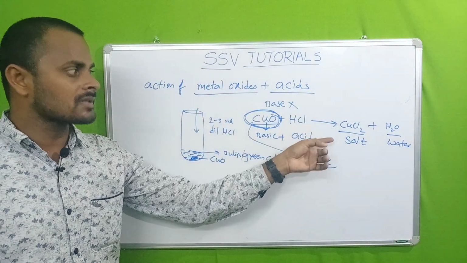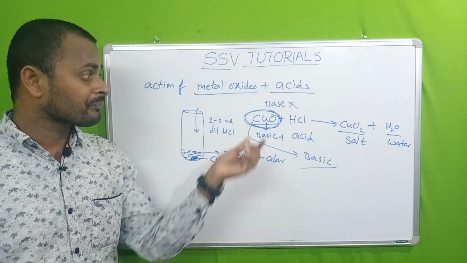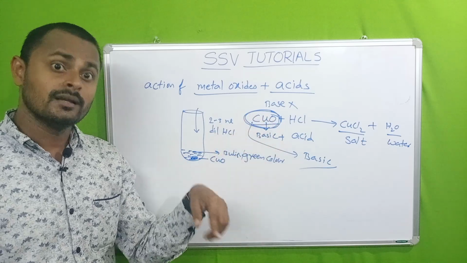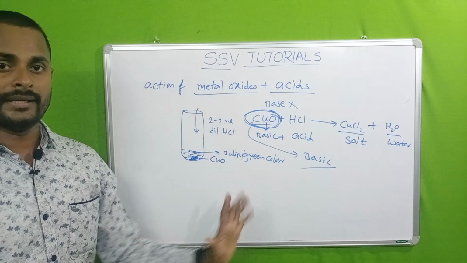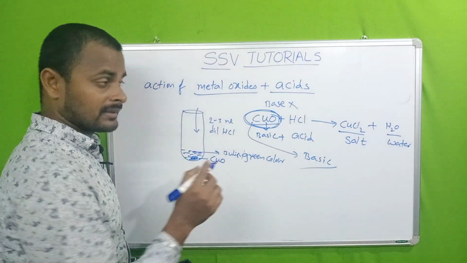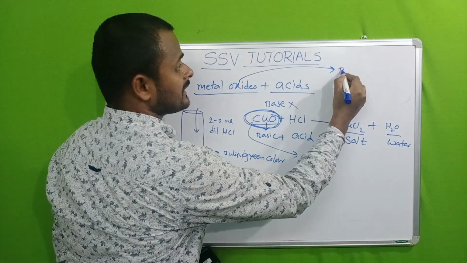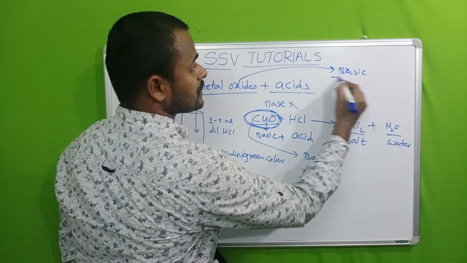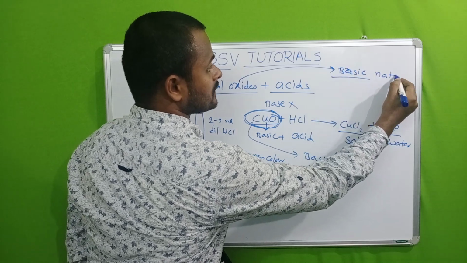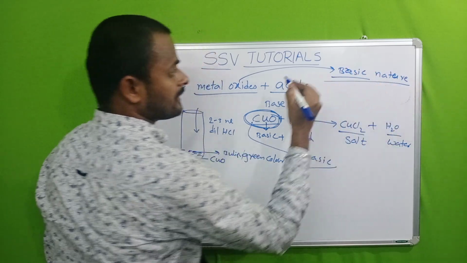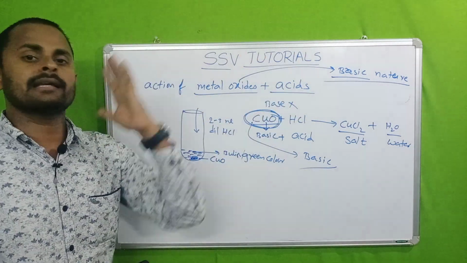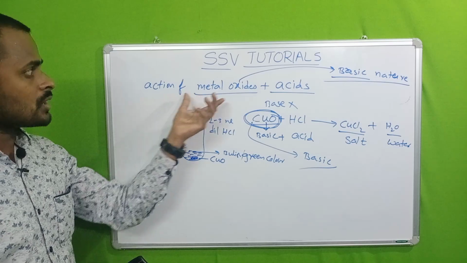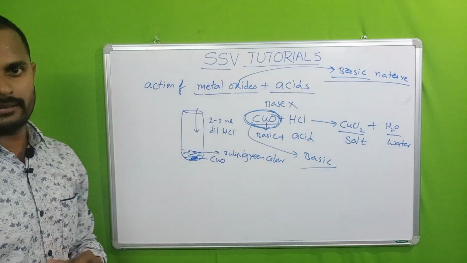So this is also neutralization. Here there is no base, but the metal oxide acted as a base. So you have confirmed one thing: all metal oxides are basic in nature. This is very, very important. So this is the action of metal oxides with acids.